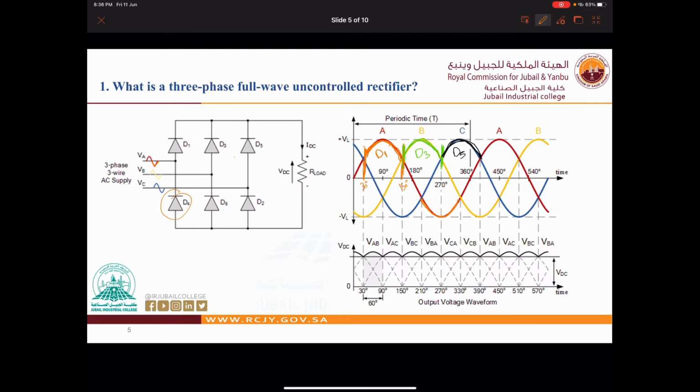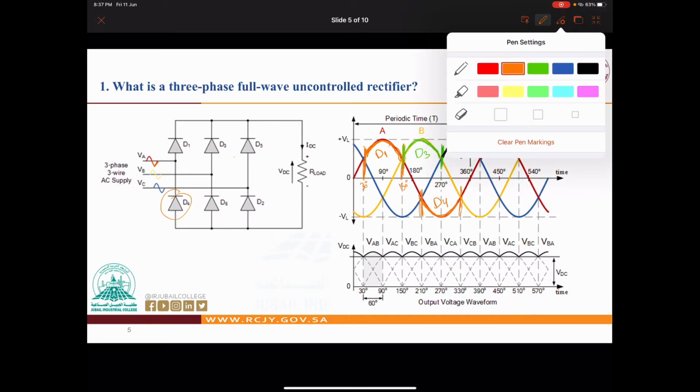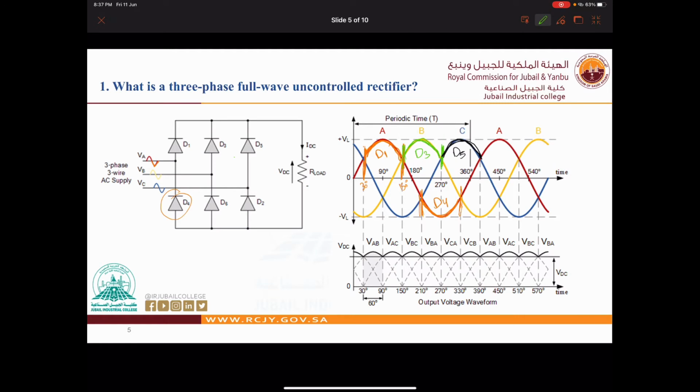Now let us just say that VA should be less than VB and VC. So this is VA here, it should be less than VB and VC. In this period, this is D4. Now for D6, we will use the green color.